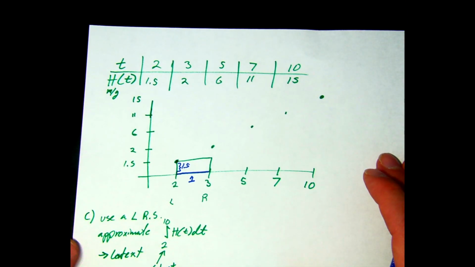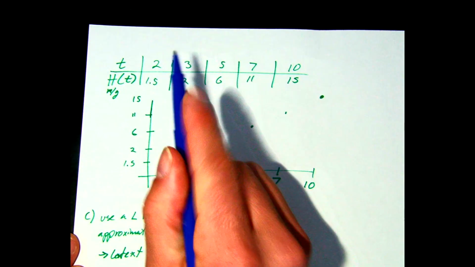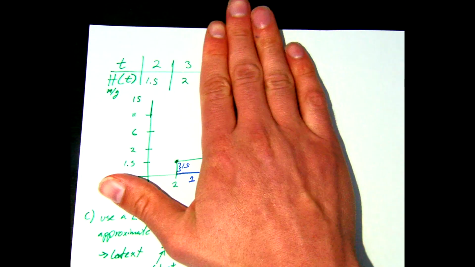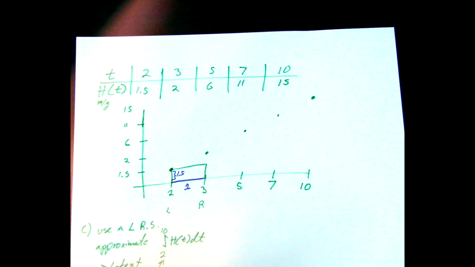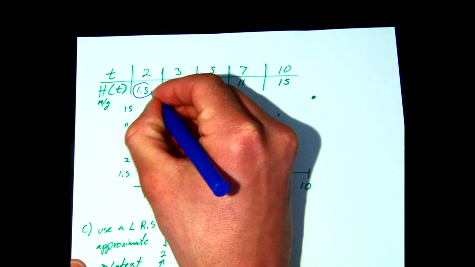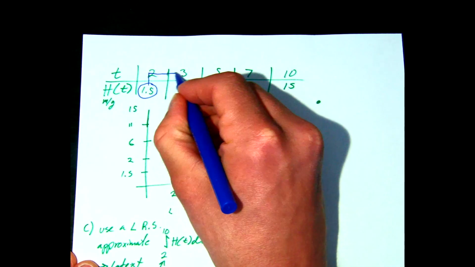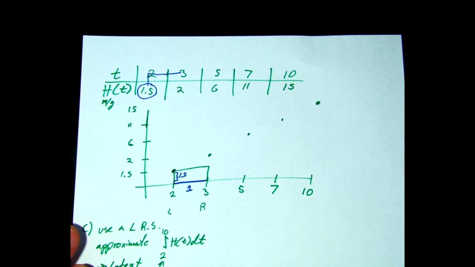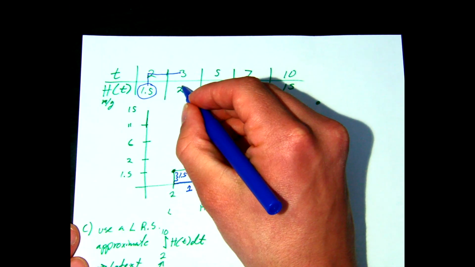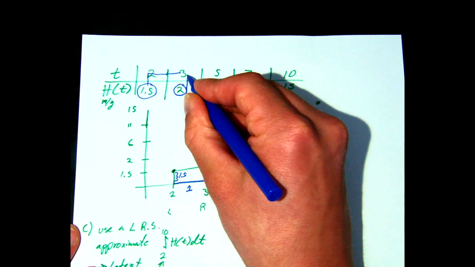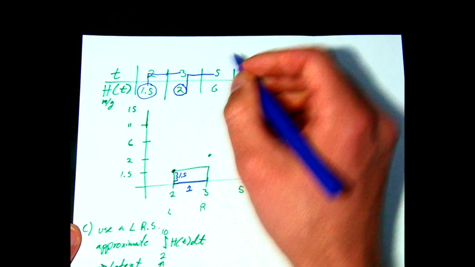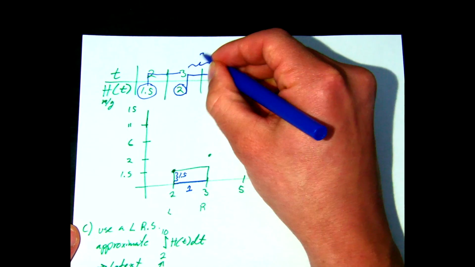Another way to do that is to look at your intervals up here. I'm going to look at 2 and 3. I see that this part's on the left. So I'll know, oh, my first one is 1.5 from 2 to 3. Doing this from the table, the height of my next one is going to be 2, and it's going to go from 3 to 5. That's 2 spaces.